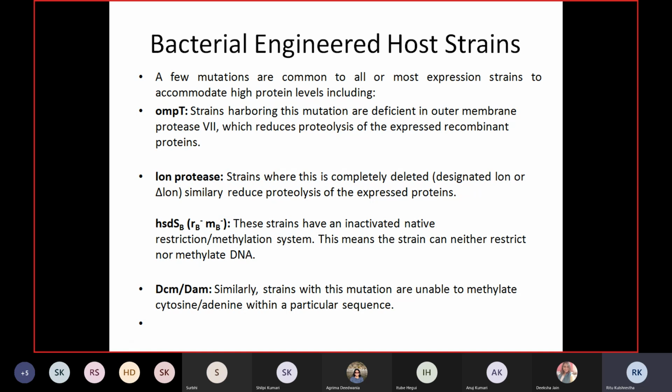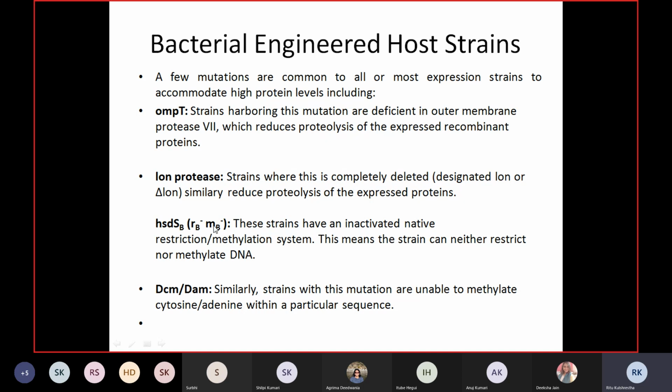So what you want is that when you are introducing your foreign DNA, it should not be restriction digested. I've told you about the restriction methylation system in my previous class. And obviously, you would not want any foreign DNA that you are introducing to be methylated or restriction digested. So for all these purposes, you prefer a host strain which is deficient in these systems.